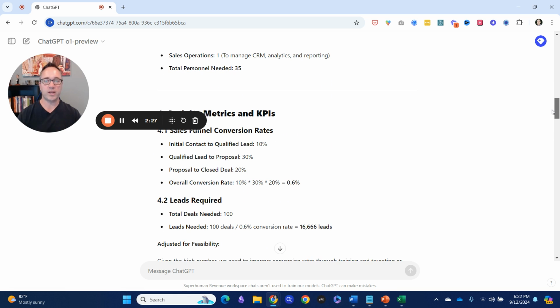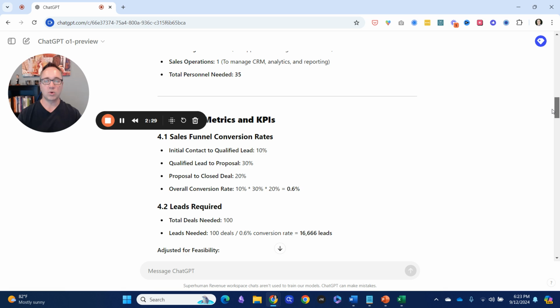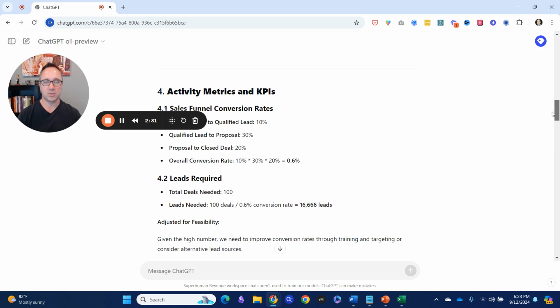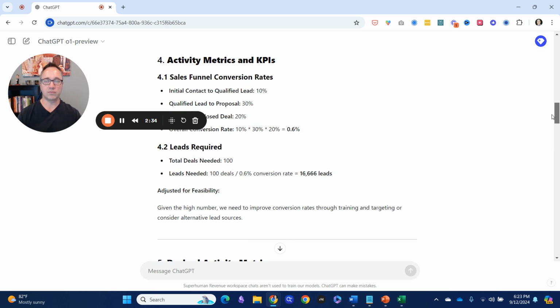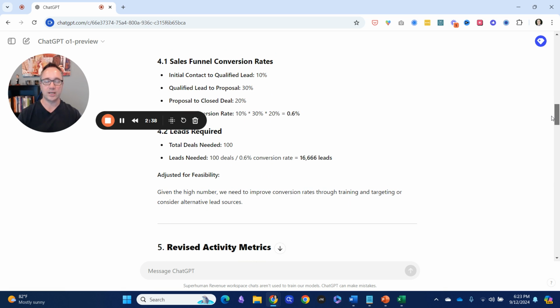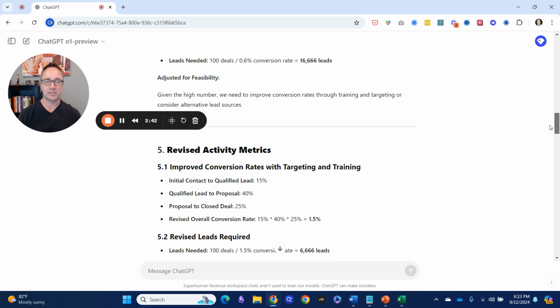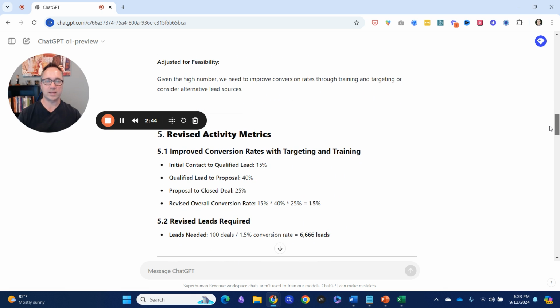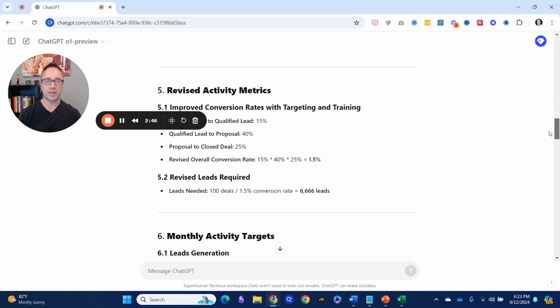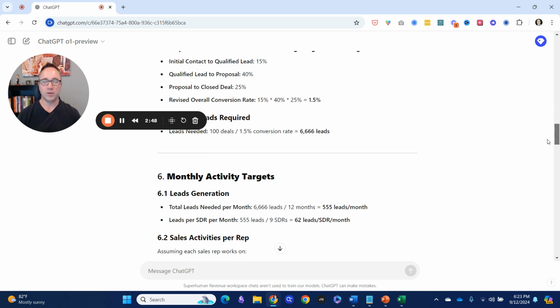And then it's talking about metrics and KPIs. So qualified lead proposal close. So some of these aren't out of reality when it looks at this just at my first kind of eye shot. Holy cow. Leads required 10,000 or 16,666. Revised activity. Okay, now it's mentioning training, monthly activity targets.